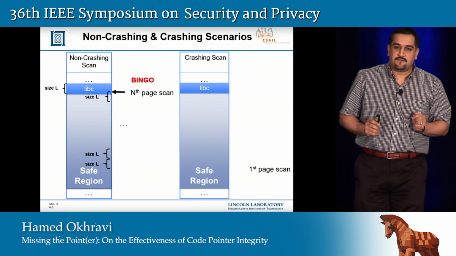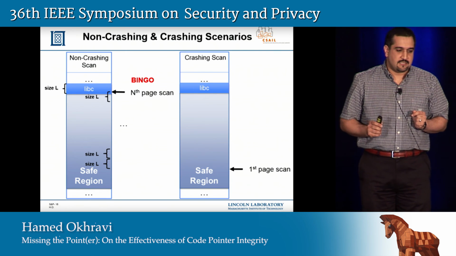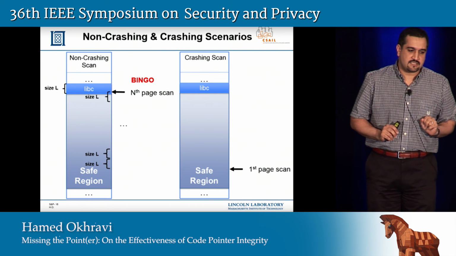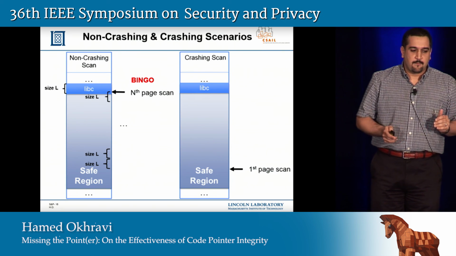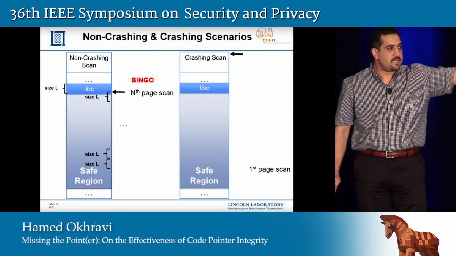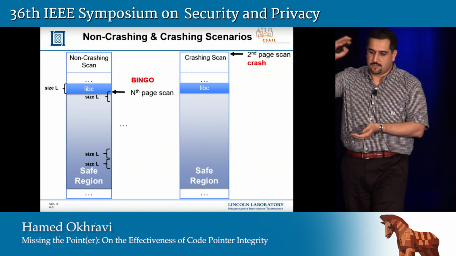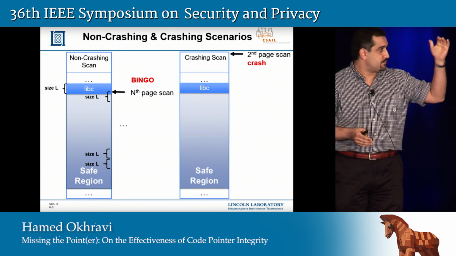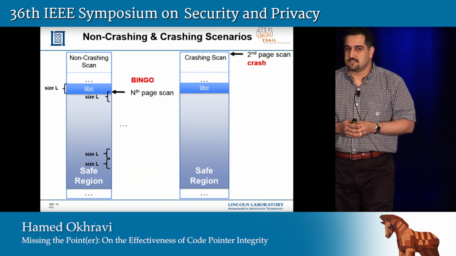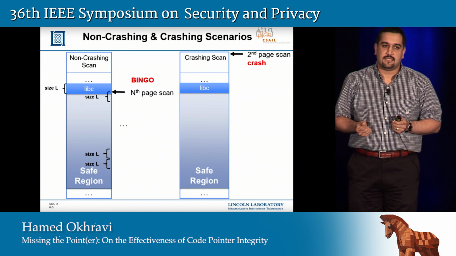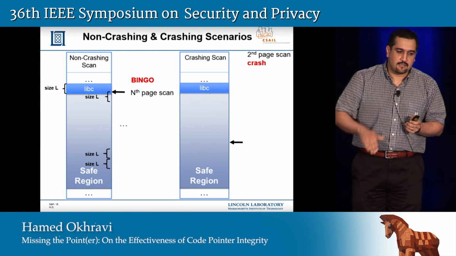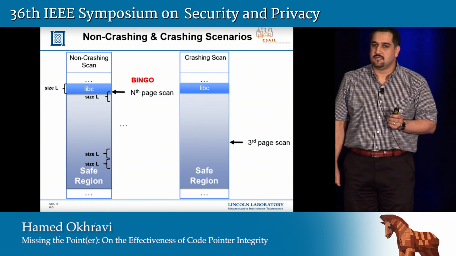So here, the first page scan happens in that same always allocated region, so it is still not causing any crash. But then the second scan happens way at the top of the memory, so it causes a crash, most likely, because those regions are not allocated. And then for the third scan, we come down again and scan some region inside the safe region.